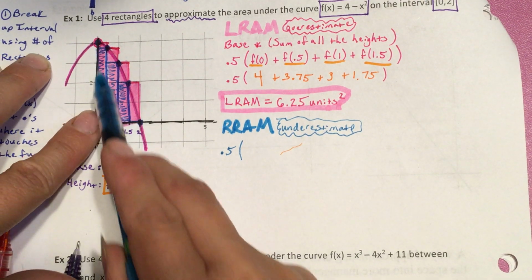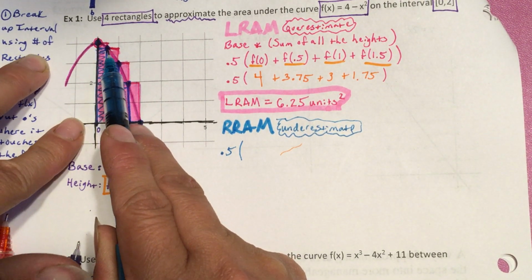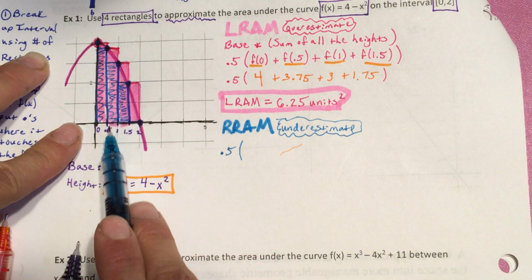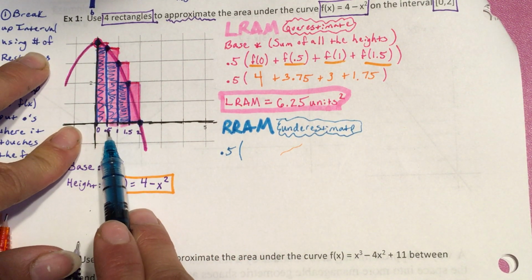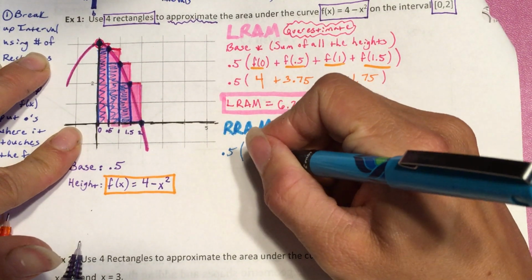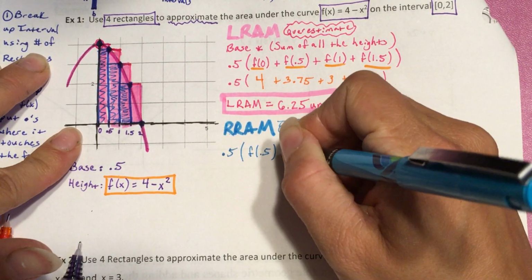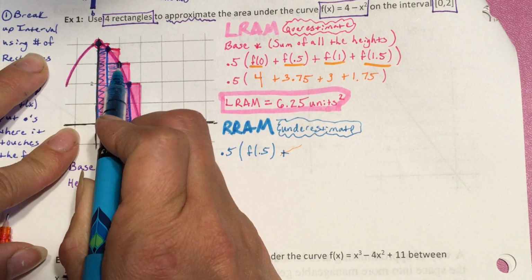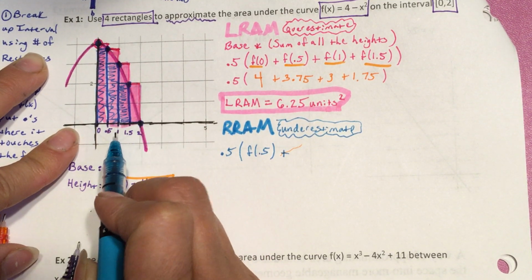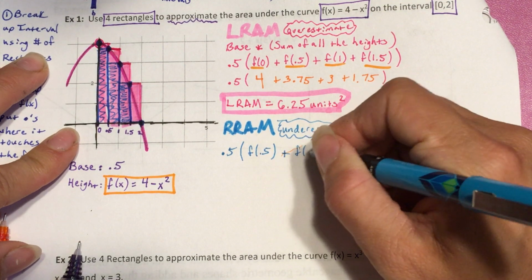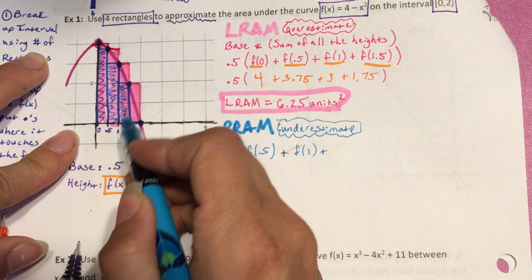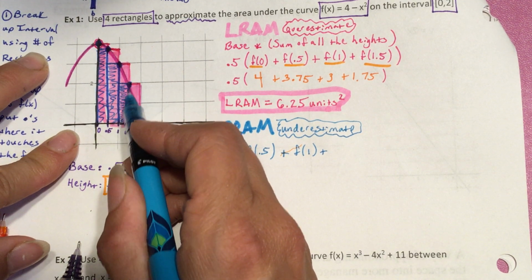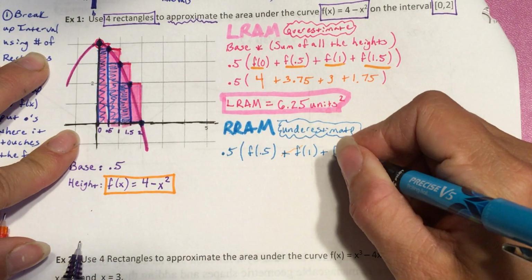If I look at this first blue rectangle, its height comes from this dot, which is f of 0.5. My next rectangle has a height that comes from this dot, or f of 1. My next rectangle has a height that comes from that dot, or f of 1.5.